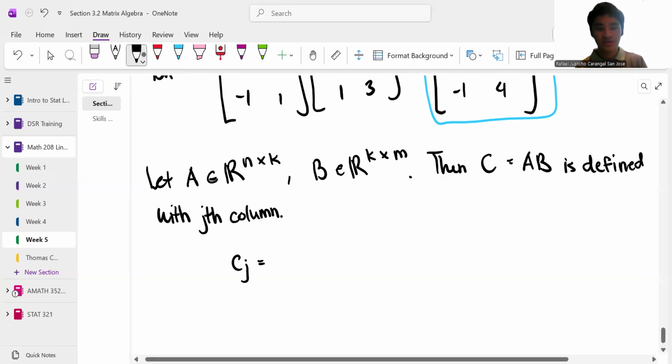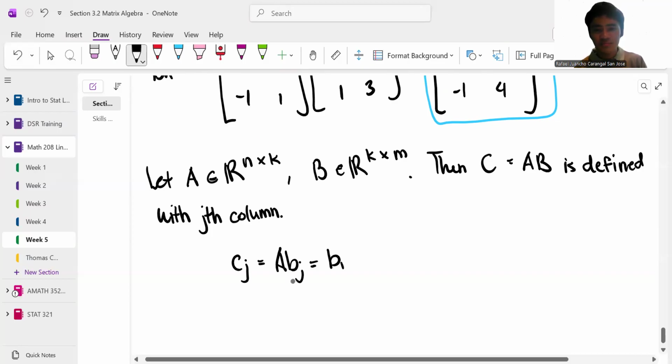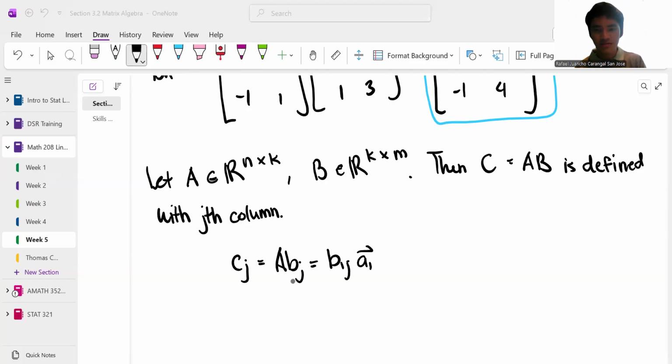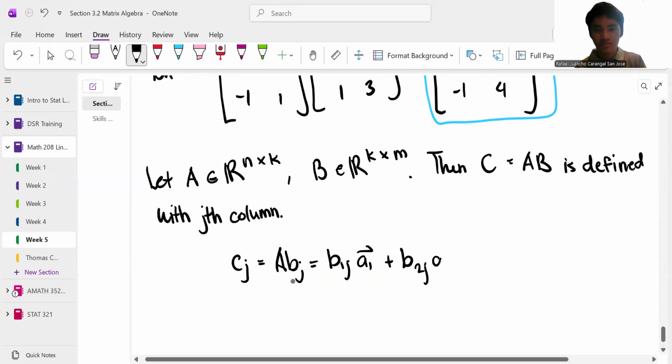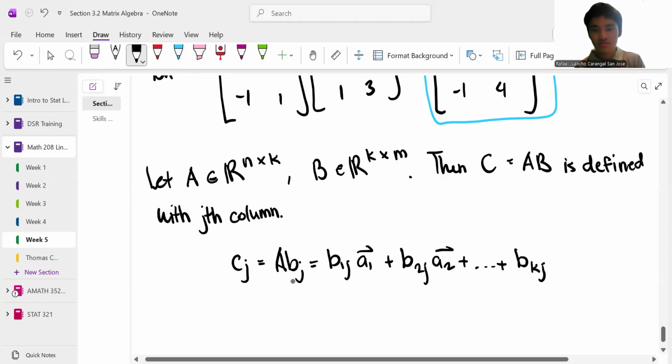Cj is equal to A times Bj, which is equal to B1j times the vector A1, plus B2j times the vector A2, all the way to Bkj times the vector Ak.